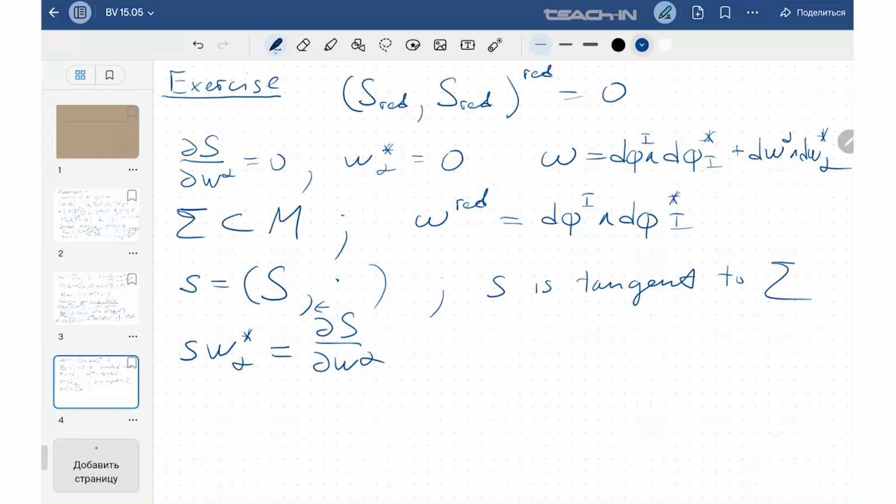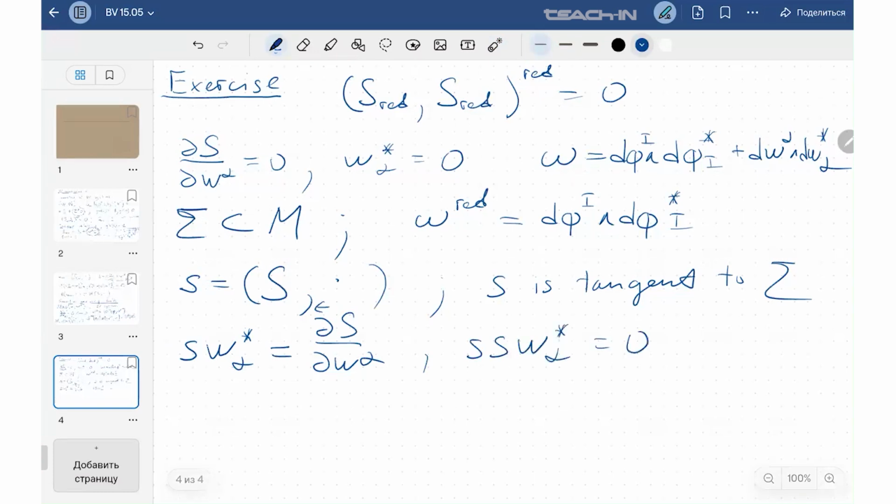So our surface is determined by these two constraints. To make sure that S is tangent, we need to check that S acting on a constraint is again proportional to constraints. We act with S on the constraint W star, and we get another constraint. If we act on the other constraint, we get 0, because S W star alpha is 0 identically.